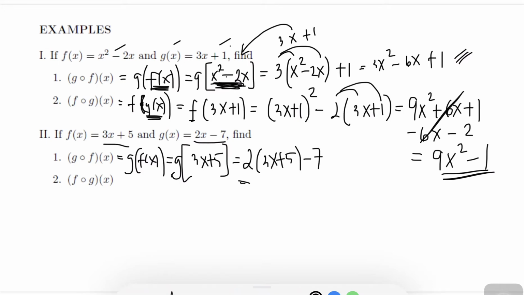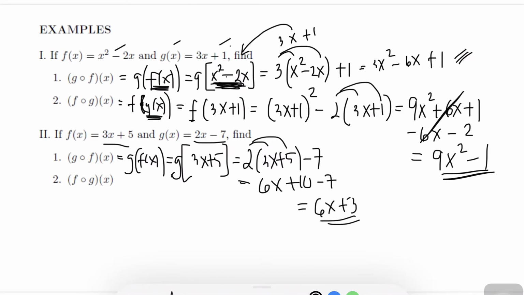So this one will become, multiply, 6x plus 10 minus 7. So we have 6x plus 3. Okay, 10 minus 7, so 6x plus 3. So this is our final answer.